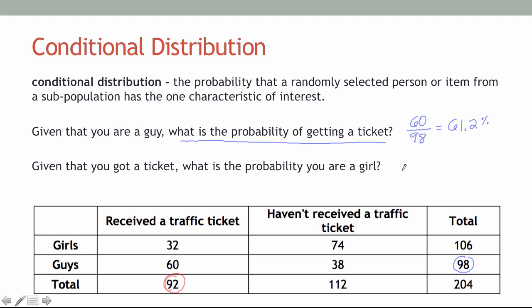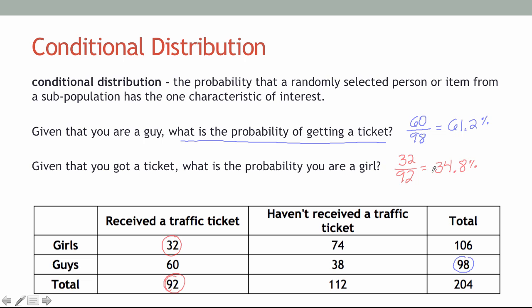So out of those 92 people, that's what that means. Given that you got a ticket, focus on that population. What is the probability that you're a girl? So out of that 92 people, 32 of them were girls. And so 32 divided by 92 times 100 is 34.8%.